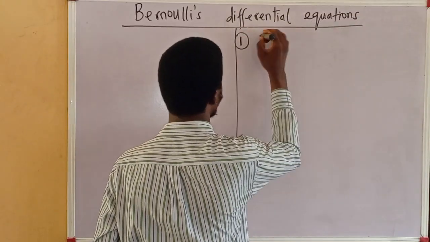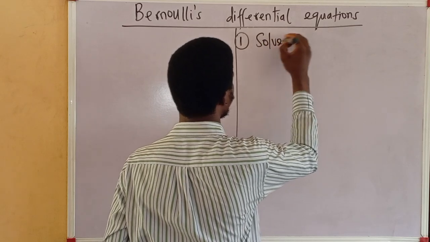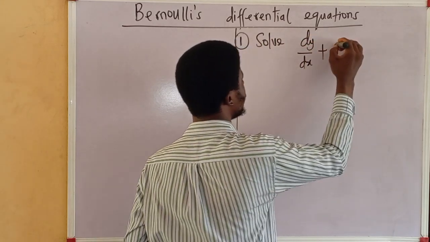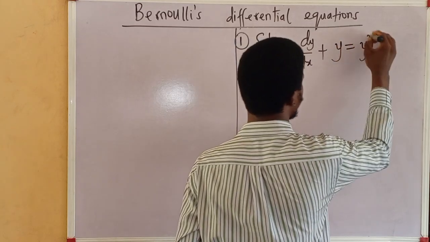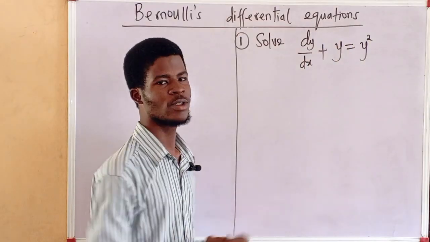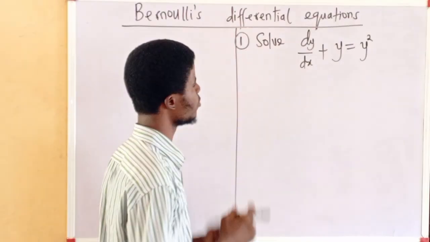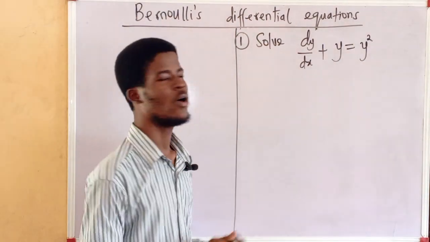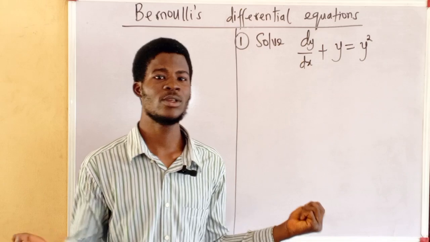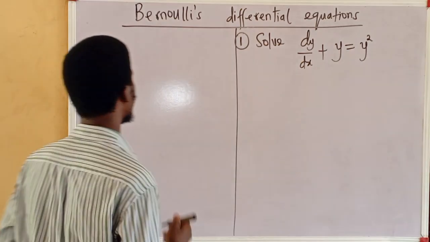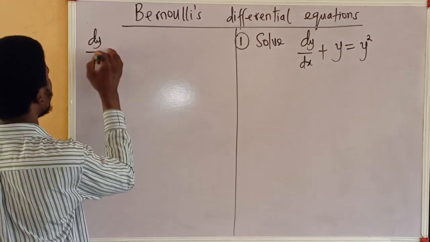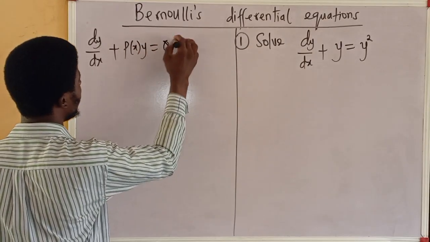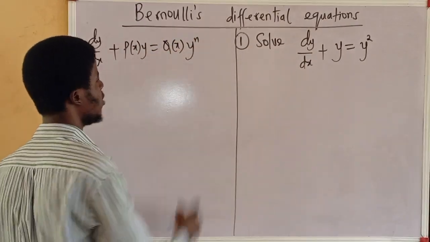The first question. Solve the equation dy/dx plus y equal to y squared. This is the question, and we are going to solve it. So this equation is already in the Bernoulli's differential equation form, like I wrote earlier: dy/dx plus p(x) times y equal to q(x) times y to the power of n.